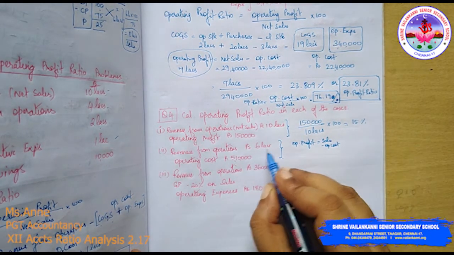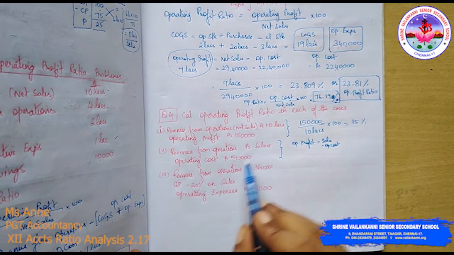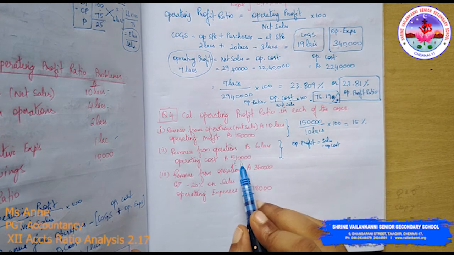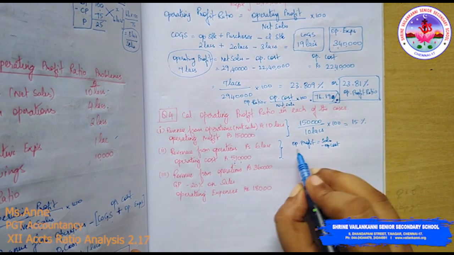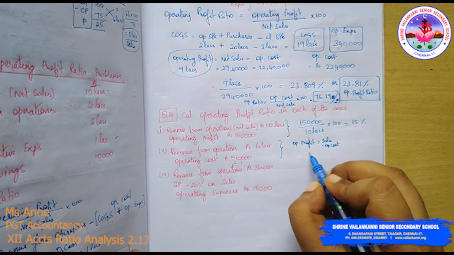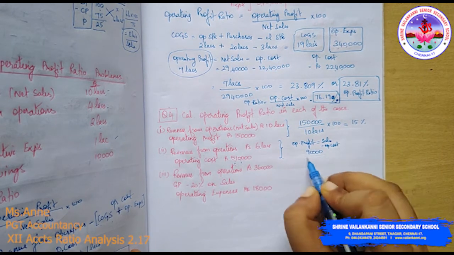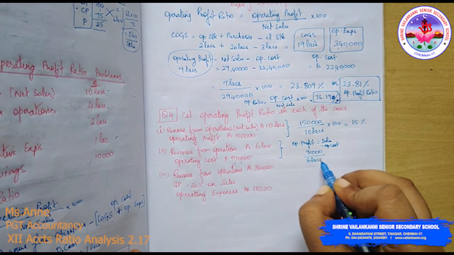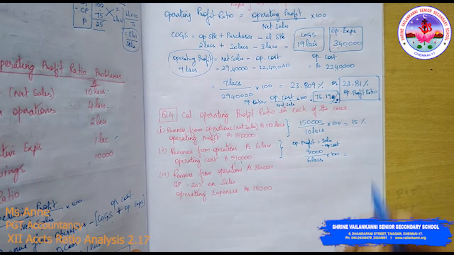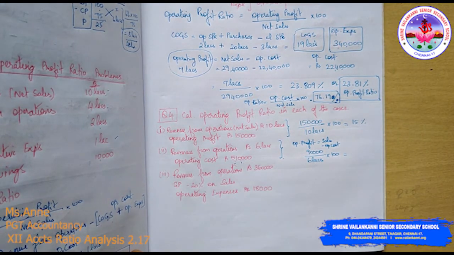Now what is net sales? 6 lakhs minus 5,10,000, 90,000 is your operating profit. So 90,000 divided by 6 lakhs into 100 will be your operating profit ratio.